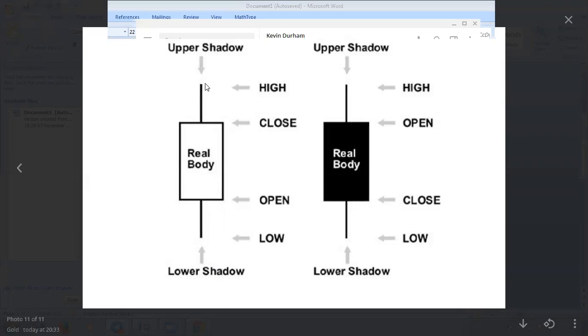This is the highest price that the pair got to before the bears, the people that sold it, or some of the people that bought are taking profit. When they take profit, the price goes down. So when they are taking profit, the price closed just around this area. So that's why this is a bullish candle.